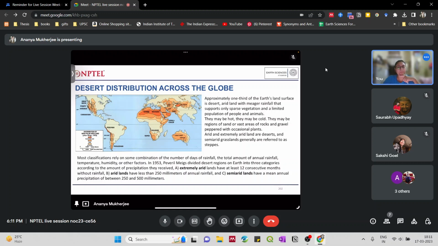Then you have arid lands, which have less than 250 millimeters of annual rainfall, and semi-arid lands, which have mean annual precipitation of between 250 to 500 millimeters. These regions, extremely arid, arid and semi-arid, are where you will find most of the desert across the earth's surface.